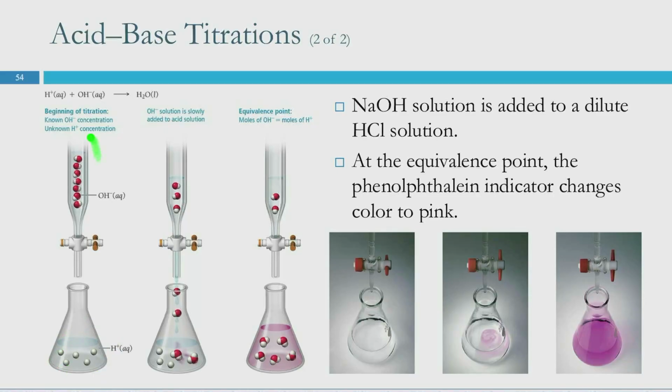As we're adding that base in, our acid is getting used up. We can see that in this middle slide. It's also going to produce a little bit of color temporarily because of the phenolphthalein indicator that we've got in there. Isn't that a fun spelling? Isn't that so cool? So we're going to use phenolphthalein indicator. And when we reach the equivalence point, the pH of the solution is such that the phenolphthalein indicator changes color and it remains pink permanently.